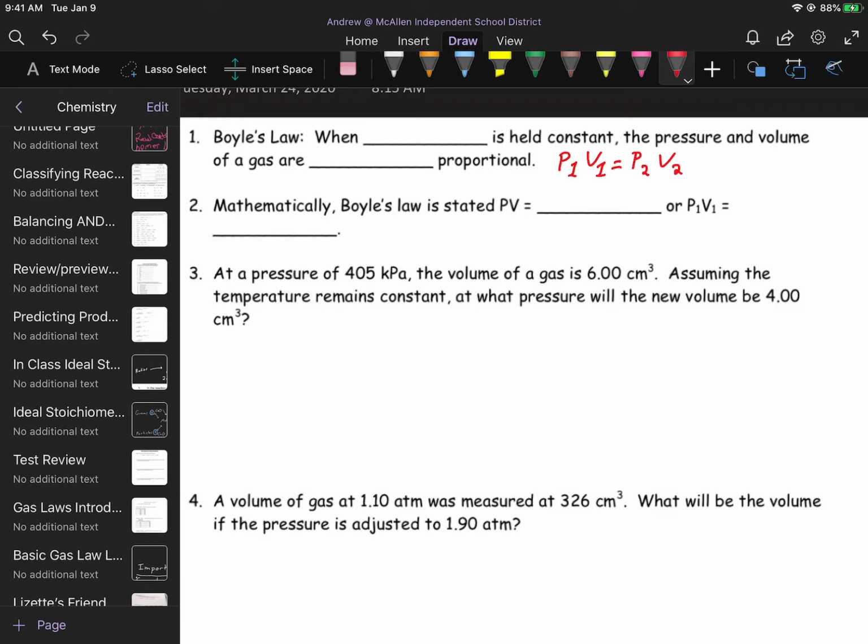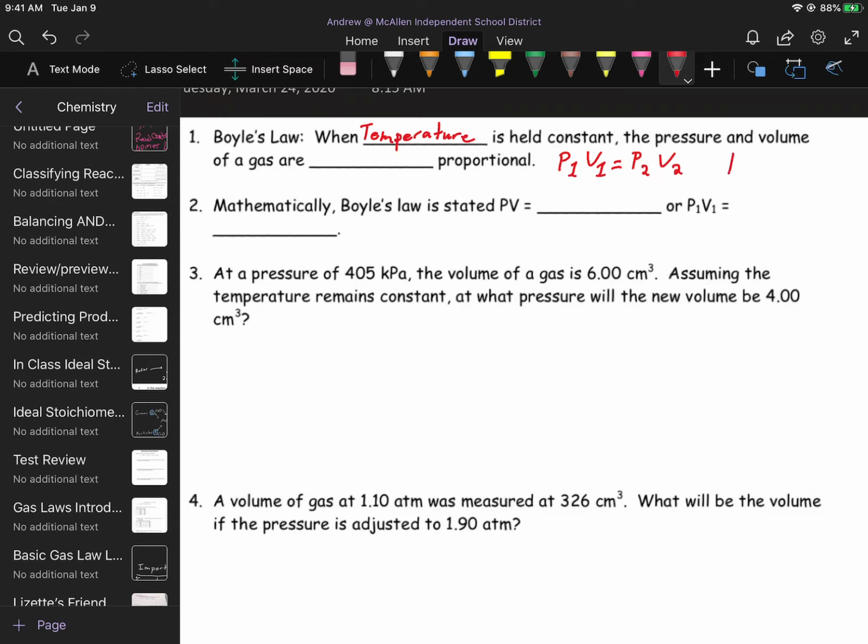Temperature isn't included in Boyle's law because it is the same. It doesn't matter what temperature we have, it would have no effect on this equation. So when temperature is held constant, the pressure and volume of a gas are blank proportional.